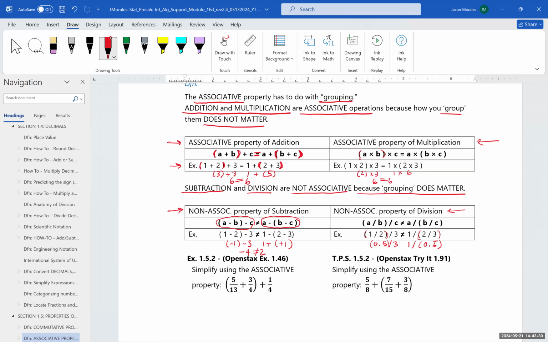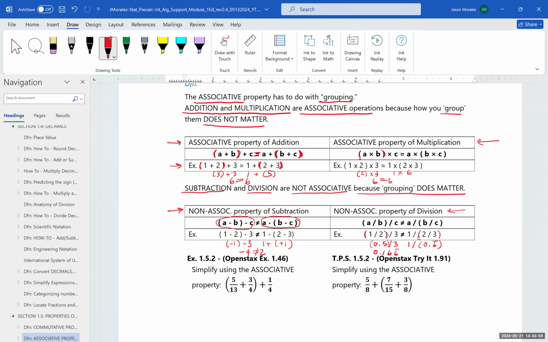Let me bust out my calculator really quick, just in the interest of time. So 0.5 divided by 3 is 0.166 repeating. And let's see here, 1 divided by 0.6 repeating. That can't be right.